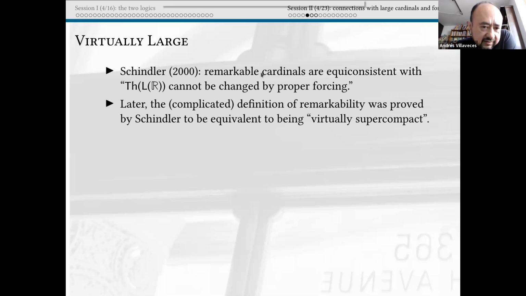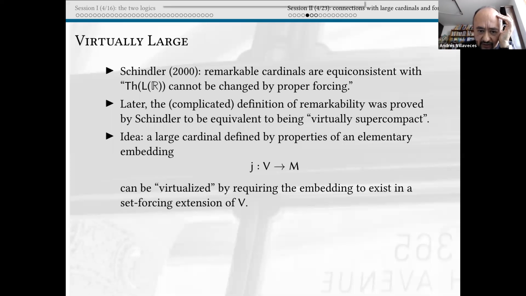Supercompact is a notion that everybody in this seminar knows, and it is certainly not a scary definition in the way the original definition of remarkable cardinals was. And knowing that an important definition, once you apply the adverb virtually, gives you this, tells you there is something going on there that I think is interesting. Perhaps way beyond what I can say in this lecture.